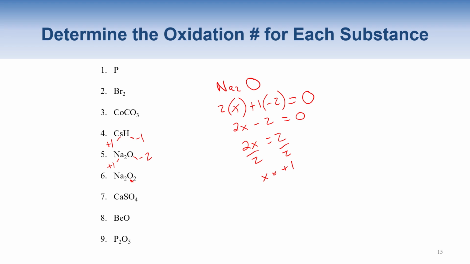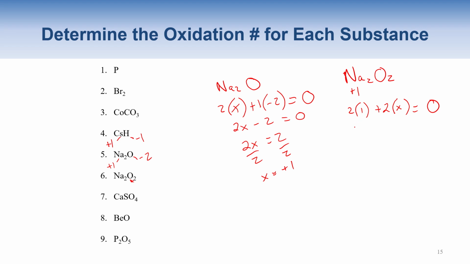For Na2O2, we assign +1 to sodium, and there's 2 sodium, plus there's 2 oxygens, and we set that equal to 0.